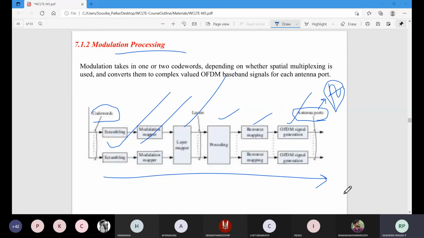Yesterday we saw in the video that your data will be encrypted and there will be a key, and for that key you have two types: one is the public key, one is the private key. But your coded data still has not been transmitted. It has to reach the receiver. So in reaching that receiver, these are all the processes they are going to perform. Now we have to discuss each of these operations individually.